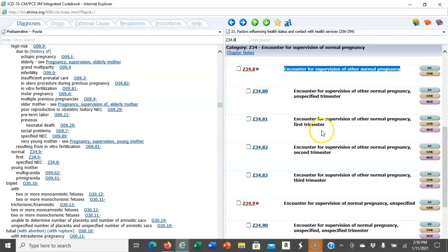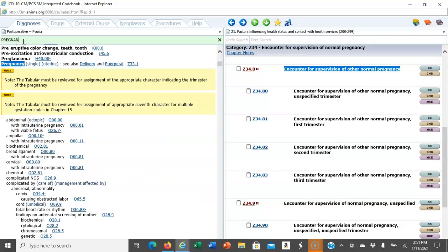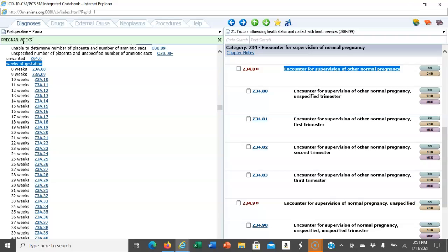This would take us to first. We would choose the first trimester, so Z34.81 would be the code that we would choose. Now she is 13 weeks pregnant, and so we can go to weeks of gestation, choose 13, Z3A.13.